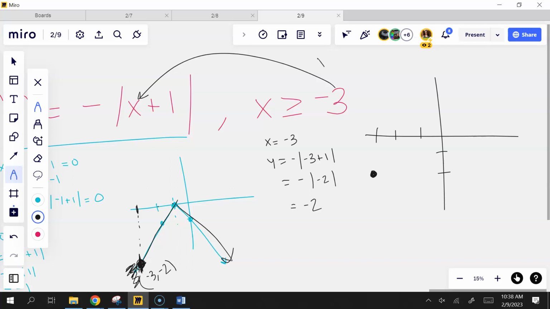Okay, so maybe I plug in x equals 4. -2, just kidding. What happens at -2? At -2, it's -1, right?